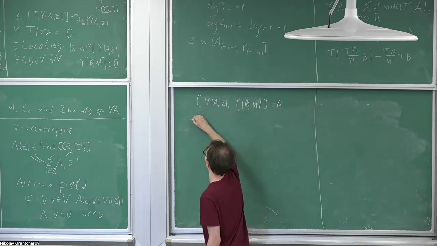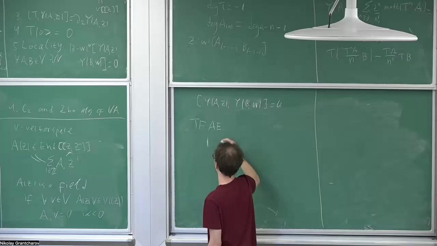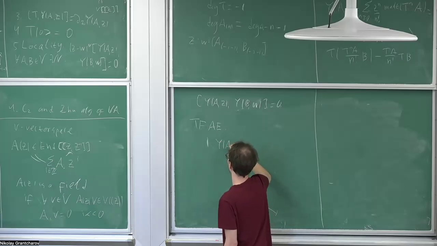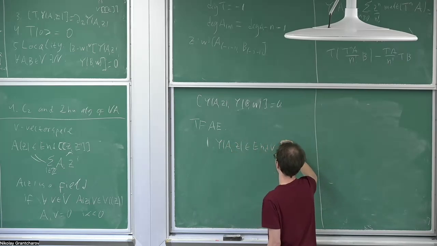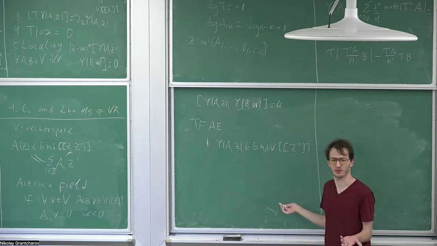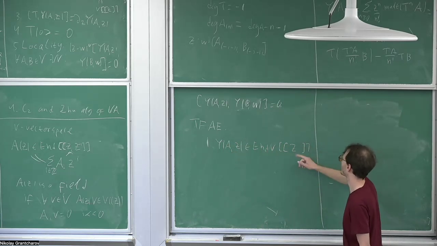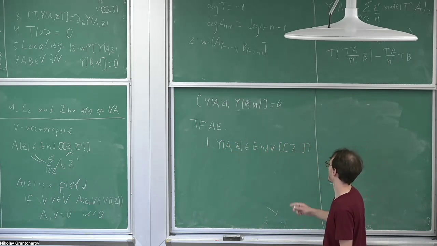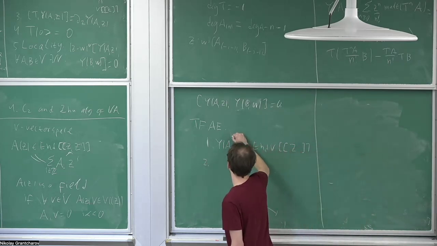So the following are equivalent. First, that Y(A, z) is an endomorphism of V valued power series, no negative terms. So just End V of z for all A.